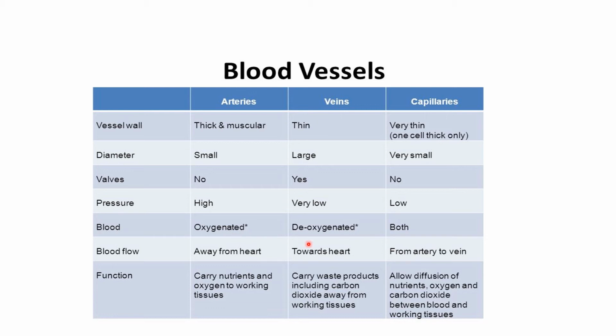Veins carry deoxygenated blood or the impure blood, and capillaries carry both the bloods, because they take the blood from the arteries and then exchange it with the veins, delivering it to veins. Arteries carry blood away from the heart, veins carry blood towards the heart, and capillaries carry blood from arteries to the veins.